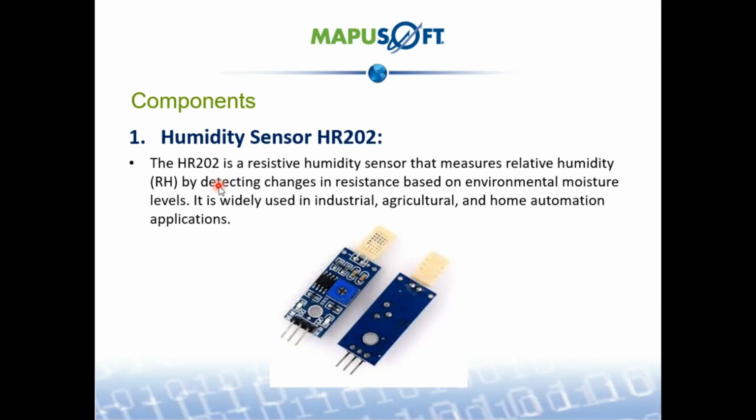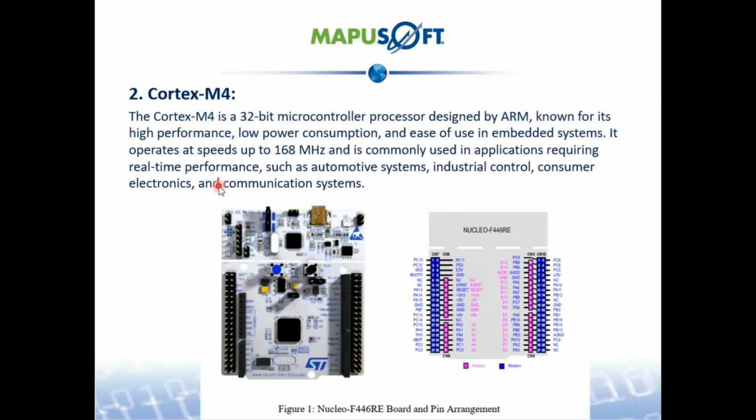Humidity sensor HR202. This is the sensor we are using here for checking the humidity level. This sensor measures the relative humidity by detecting changes in resistance due to the moisture in the air. The microcontroller converts this analog signal to a humidity value using an ADC. The Cortex microcontroller is the brain of the system, processing the humidity data and controlling the alert mechanisms.